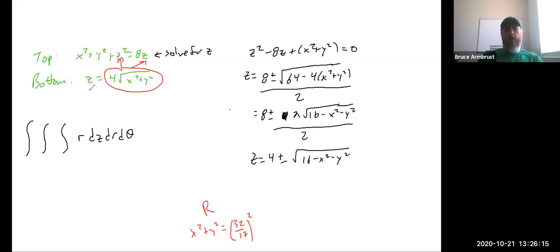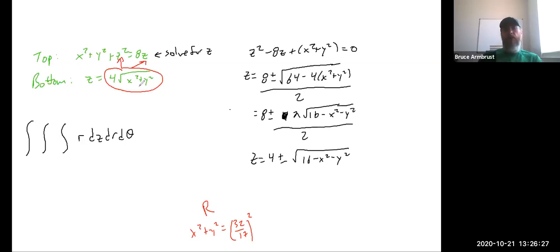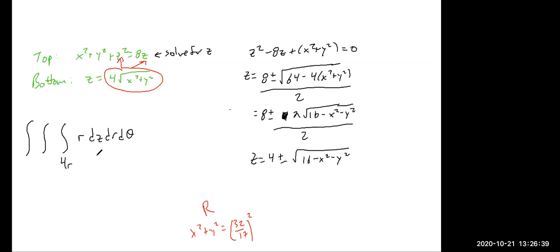The bottom, what's that going to be in cylindrical? z equals what? 4r. Good. The square root of x squared plus y squared is the square root of r squared, which is r. Beauty. Okay, what about the top surface?